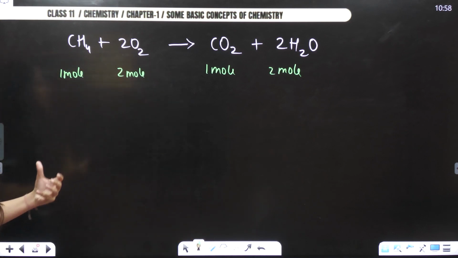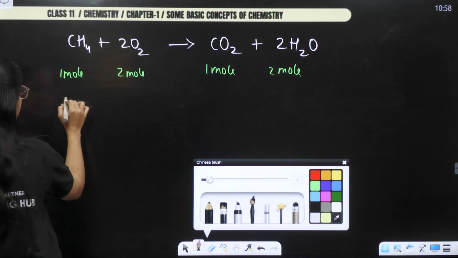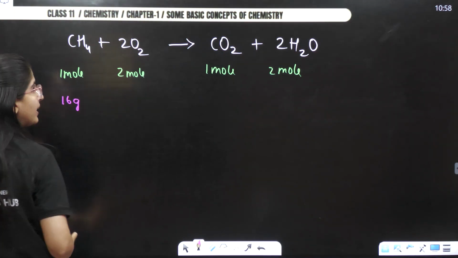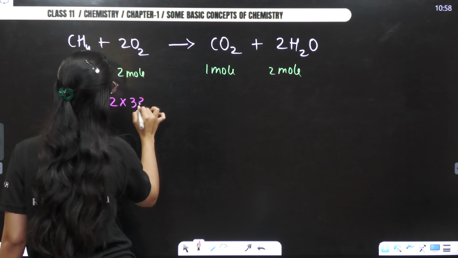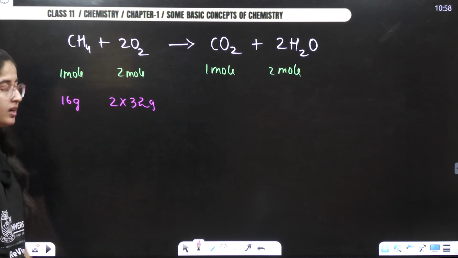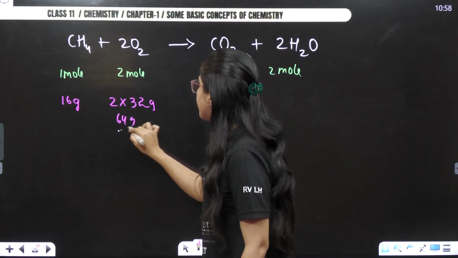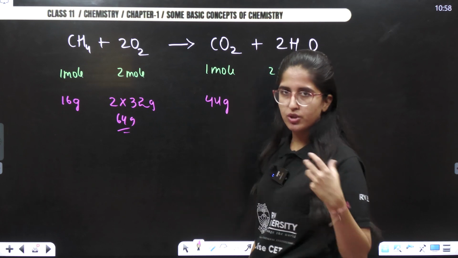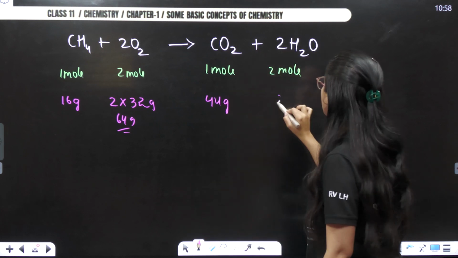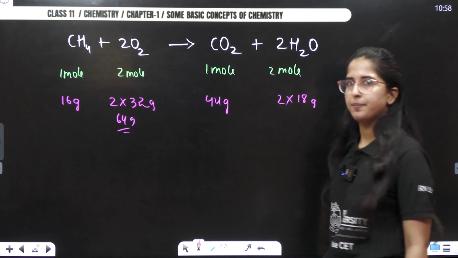In terms of mass, can I write methane as 12 plus 4, 16. 16 grams of methane will react with 2 into 32, that is 64 grams of your oxygen, and give 1 mole of carbon dioxide, that is 44 grams of carbon dioxide, and 2 into 18 grams of your water. Correct?